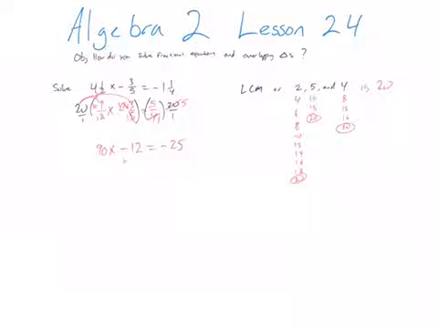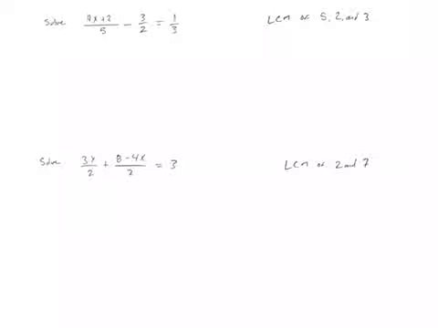So I'm going to add 12. 90x is equal to negative 13. Dividing both sides by 90 will give you x is equal to a negative 13 over 90. Okay, let's try a couple more of these.